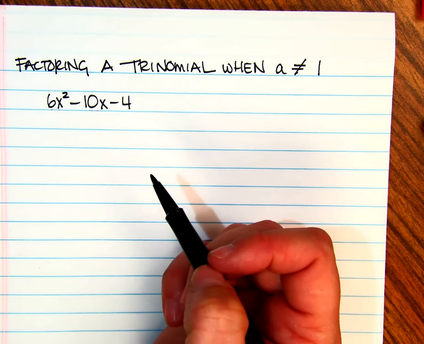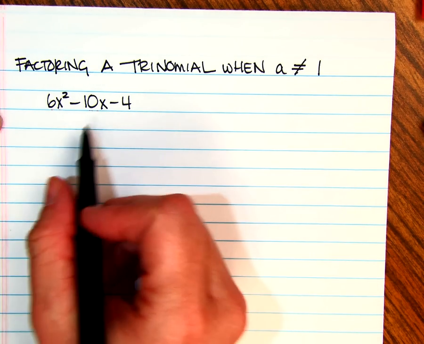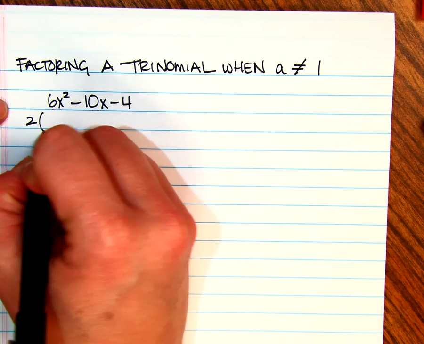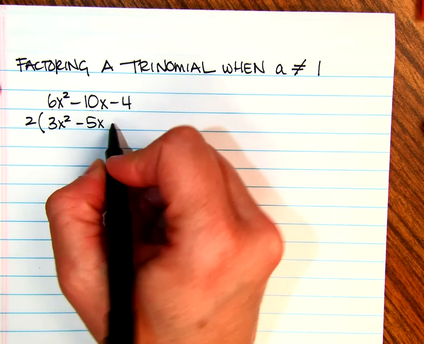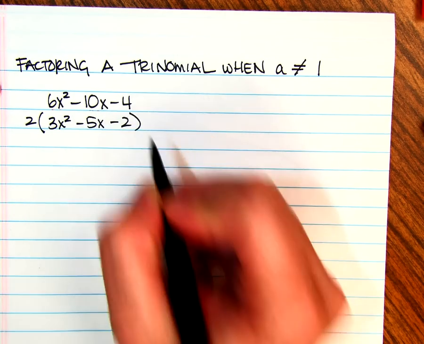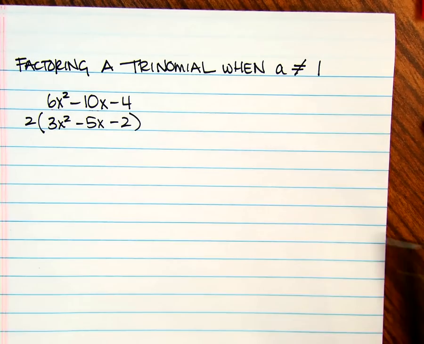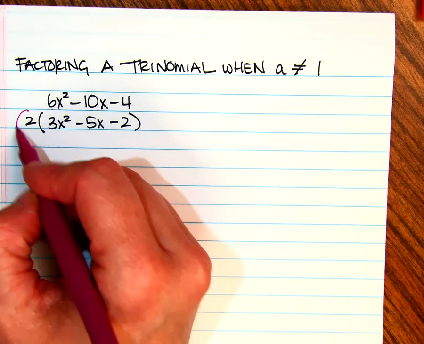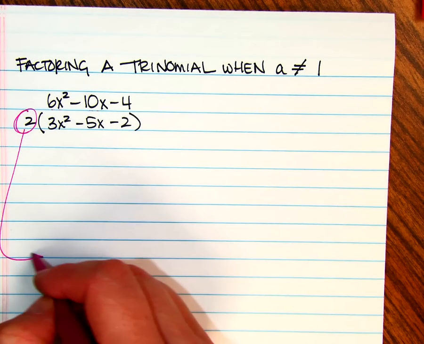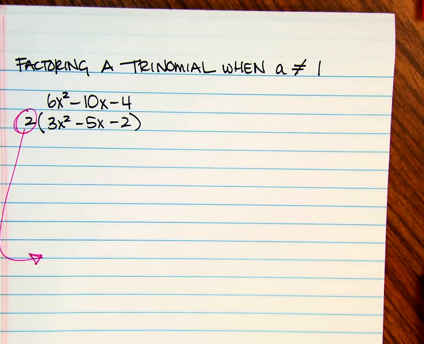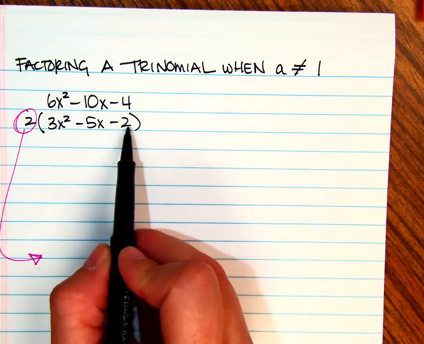There is a greatest common factor of 2, so I'm going to take that out, which leaves 3x squared minus 5x minus 2. Okay, I don't want to lose this, but I don't want it to get in my way either. So I'm just going to draw an arrow so that I don't forget it in my final answer. I am going to focus on this trinomial.